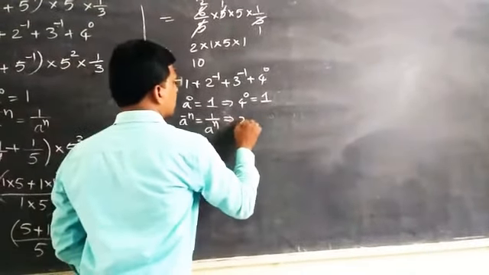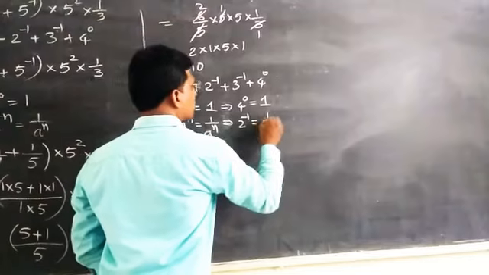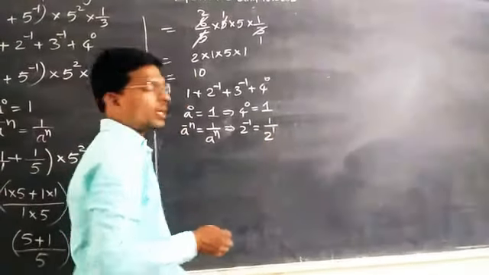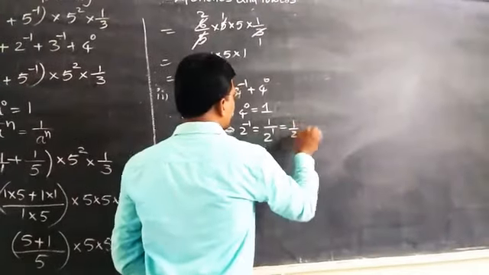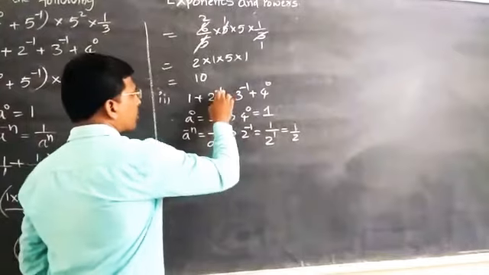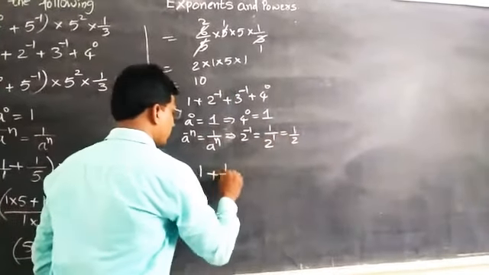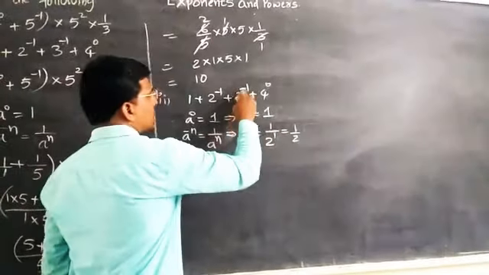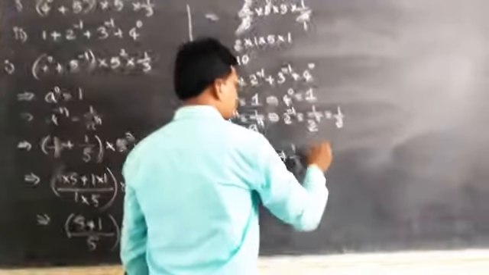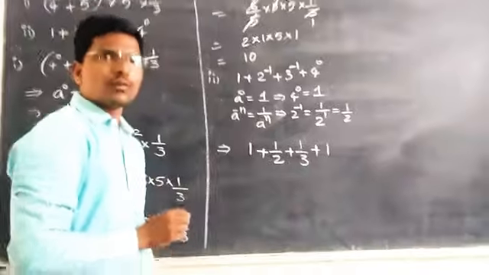In the same way, 2 to the power of minus 1 is equal to 1 by 2 to the power of 1. So 2 to the power of 1 means 2 only. So 1 by 2 we can take. Okay. So 1 plus 2 to the power of minus 1 value is 1 by 2. In a similar way, 3 to the power of minus 1 value is 1 by 3, plus 4 to the power of 0, 1. Okay.